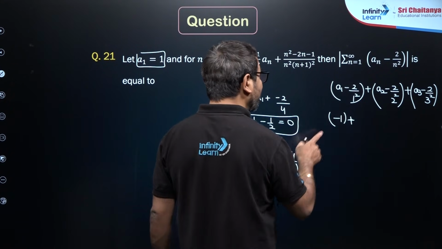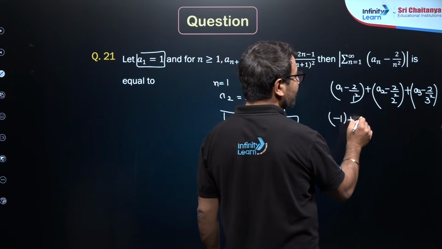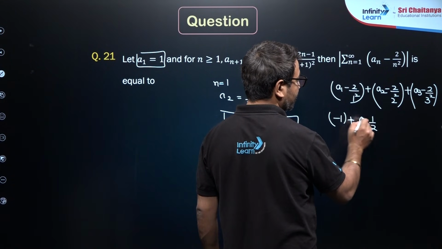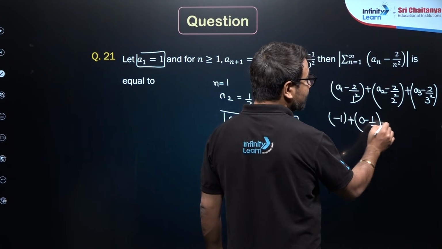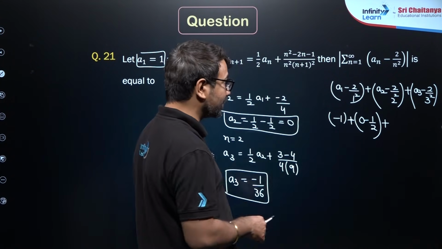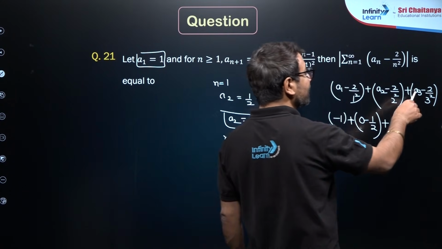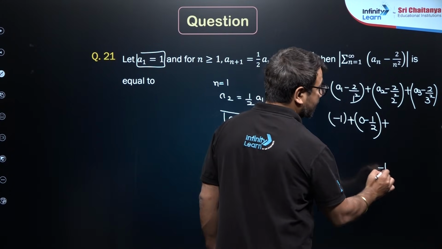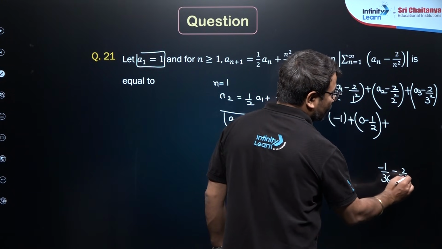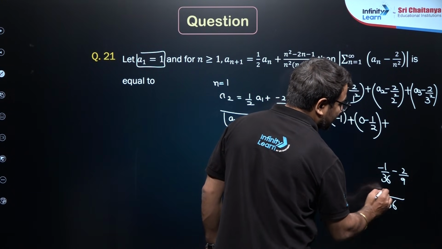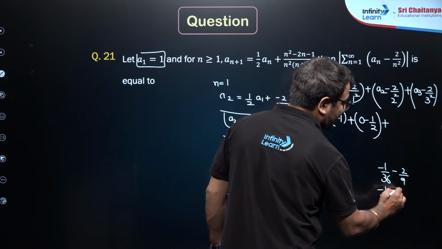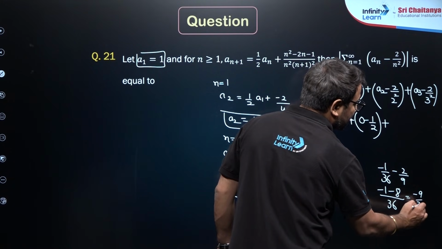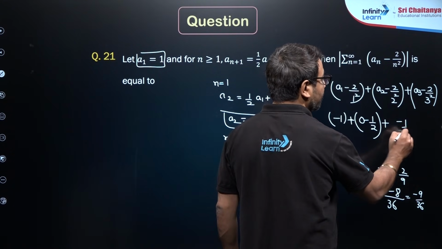Over here a2 value is 0, then you will have here the second term 0 minus half. And bachche a3 value is minus 1 by 36, so minus 1 by 36, and if you subtract 2 upon 9 from there, 36 will be the LCM, and it will become minus 9 by 36, which is minus 1 by 4.